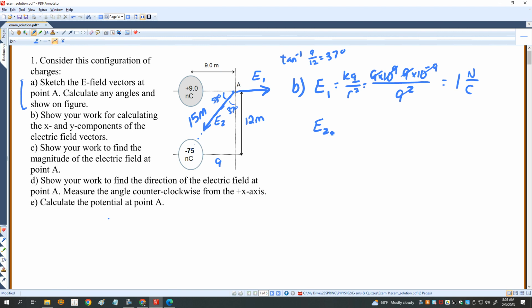And then E2 is also kq over r squared, but a different q and different r. E2 is due to this 75 nanocoulomb charge. So that's 9 times 10 to the 9th, 75 times 10 to the minus 9 divided by 15 squared. So those cancel out.